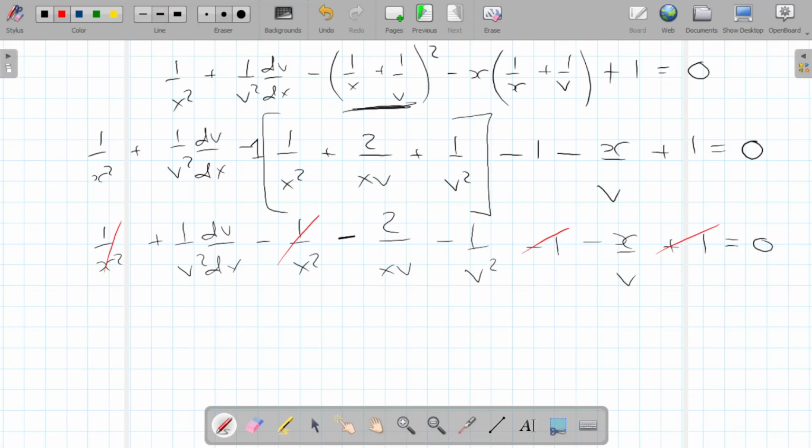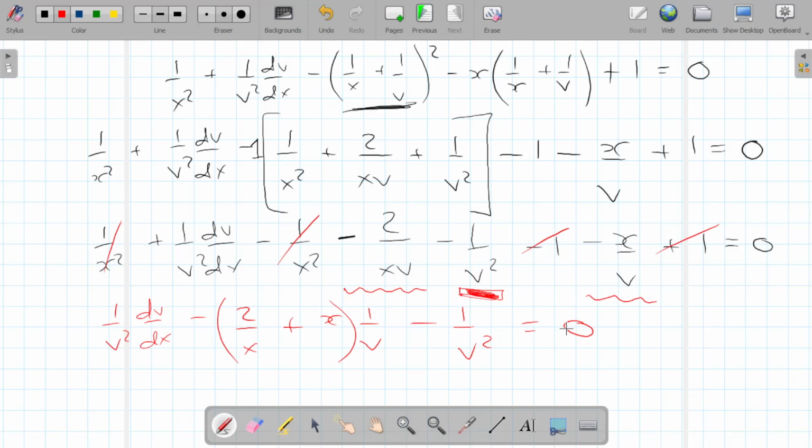We're left with 1 over v squared dv by dx minus, and I'm going to collect this term and this term, so we've got minus a bracket, and we've got 2 over x plus x over v, times 1 over v, and then this 1 over v squared term, which we will write over here.